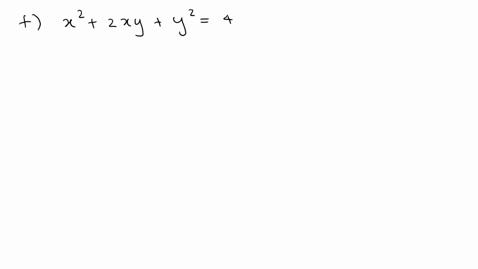As the next one, we have x squared plus 2xy plus y squared equals 4. Again, this is an implicit function of y, so we're going to take the derivative with respect to x. If you do that, you get 2x, and then we have the product.